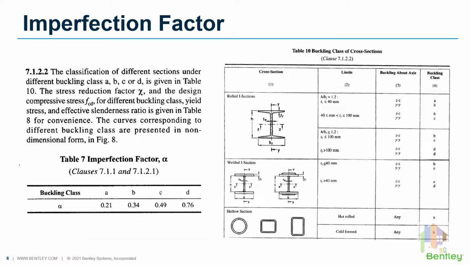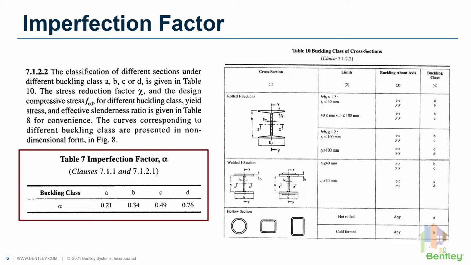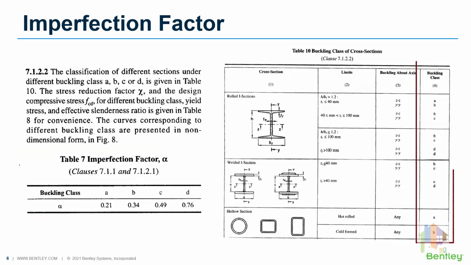Imperfection factor is mentioned in table 7 of IS800 code and it depends on the buckling class which is mentioned in table 10. For I section, depending on the overall dimensions of the section, thickness of flange and whether the section is rolled or welded, buckling class is determined for major and minor axis.